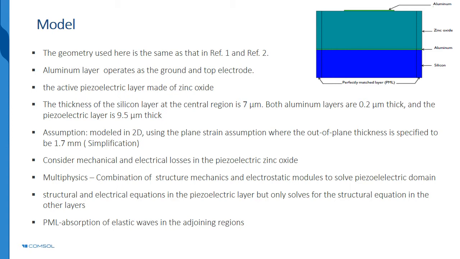Since our out of plane thickness is 1.7 millimeters, which is 1000 times more than our structure, let's say the piezoelectric thickness of 9.5 micrometers, this assumption can be applied rather than simulating in 3D, which would cost us calculation time.